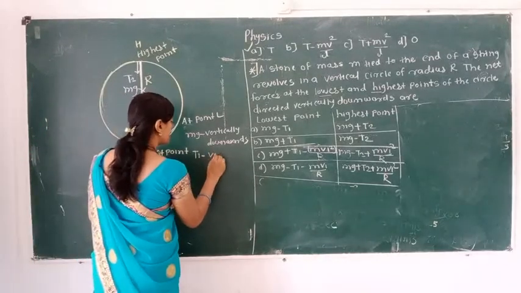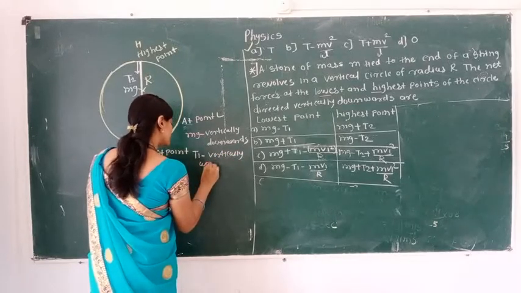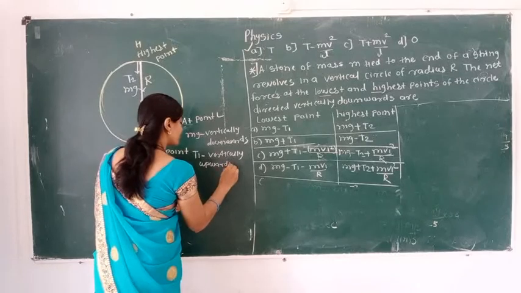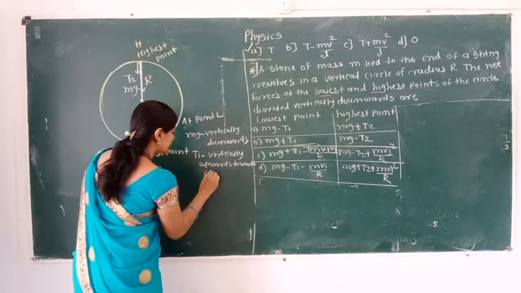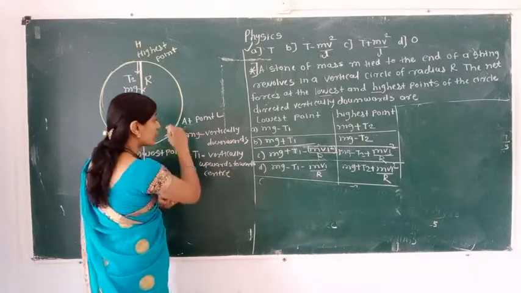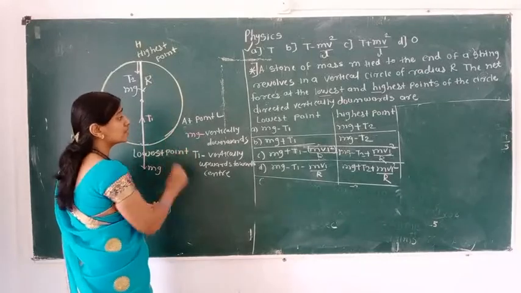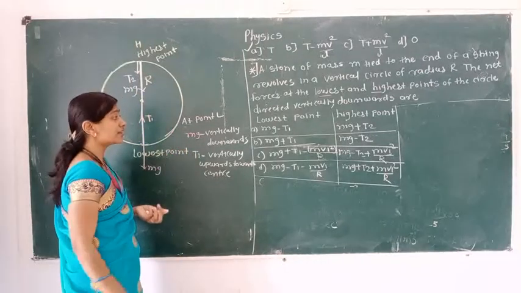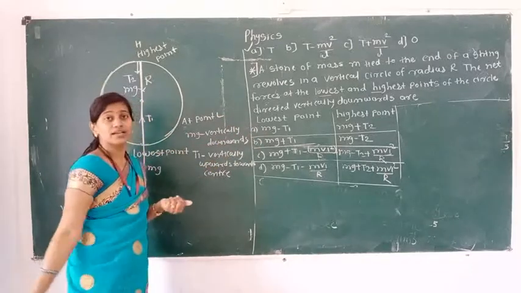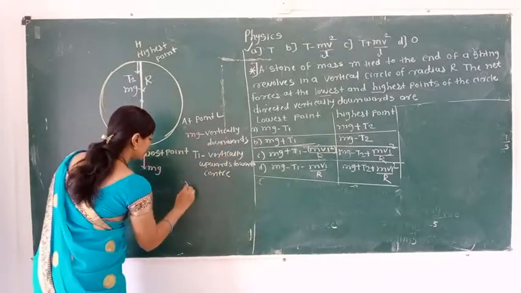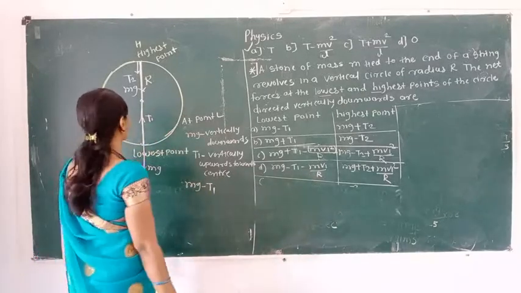So here it is vertically upward towards center. So if we are writing for that the mg, very important thing is that the forces at the lowest and highest point of the circle directed vertically downward. As per that we have to find the correct alternative. So here we will get here mg minus T1. So it is at point L here.